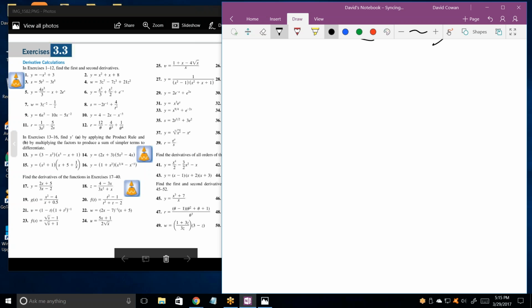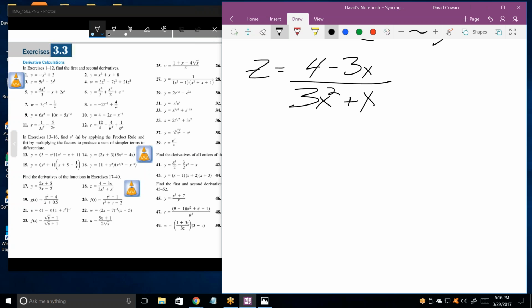Yes. Okay. So here we have a function in z, and really the secret on these is just to know your general formula, right? So what is z prime? That would be 3, or negative 3.